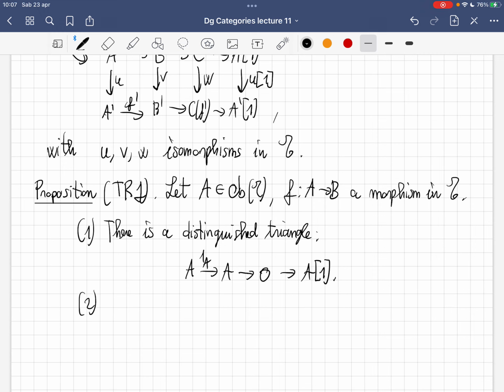And then F can be completed, or embedded if you want, into a distinguished triangle.